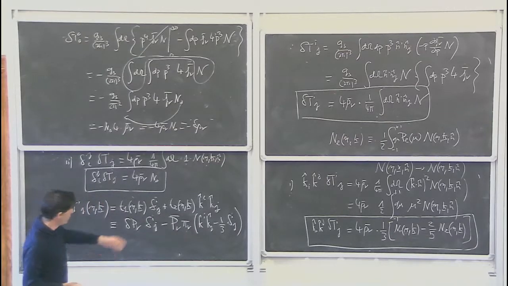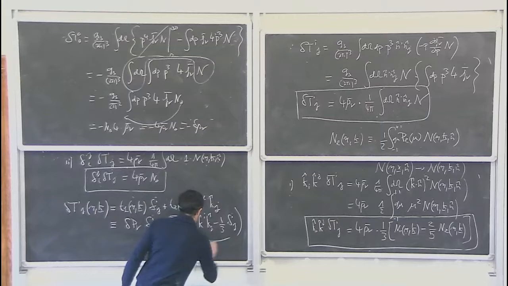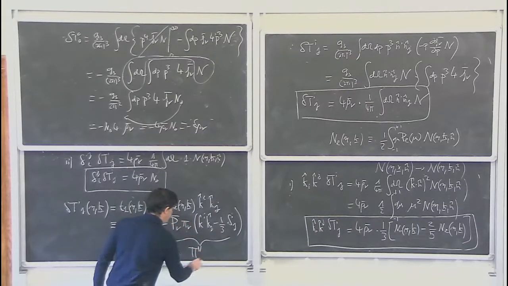If I would go back in configuration space, this would be exactly this pi parallel ij.